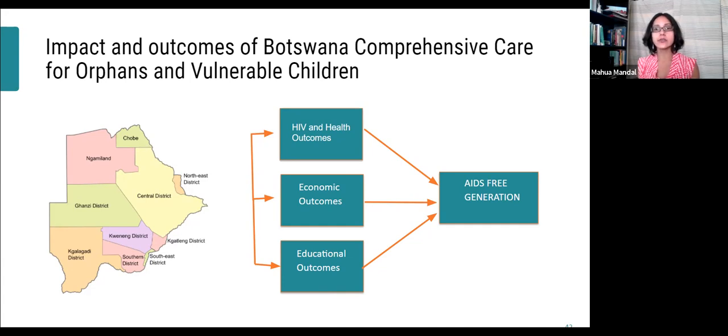So you can see that when we started the theory of change, we didn't even have details about these outcomes, but we did start outlining, okay, these are the three broad areas, and improvements in these three broad areas are going to lead to an AIDS-free generation. You'll notice here that there's double-headed arrows between each pair of outcomes. And that's because the OVC program was designed with the hypothesis that positive outcomes in one area would lead to positive outcomes in another area, and that all of the outcomes worked together to reduce HIV/AIDS. And this was also backed by studies that were done in all three areas. Next.